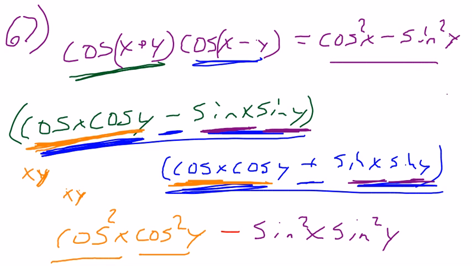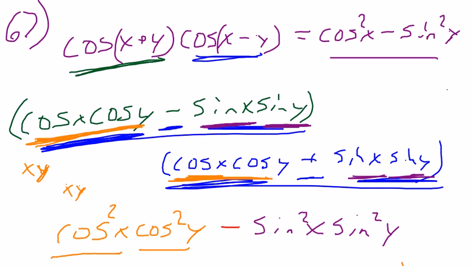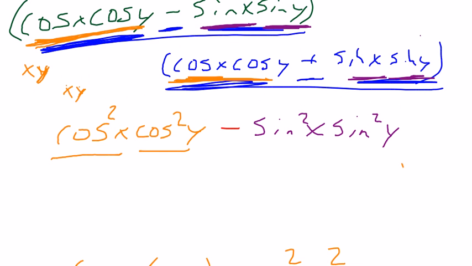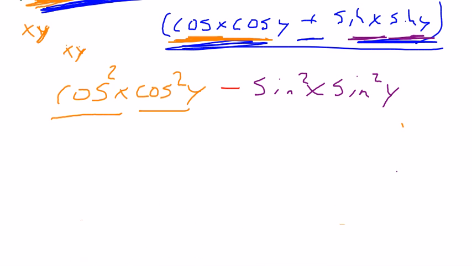So we got to go a little bit further here. In the problem we have cosine squared x, sine squared y. So I don't want this here.